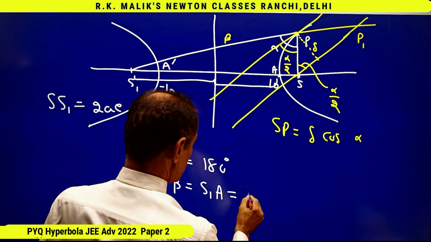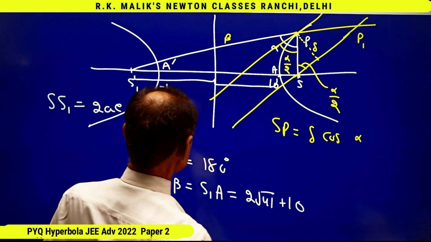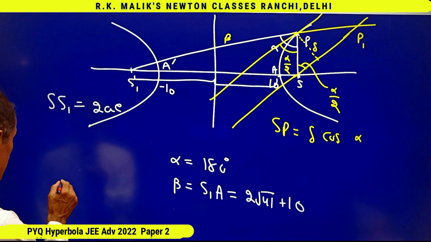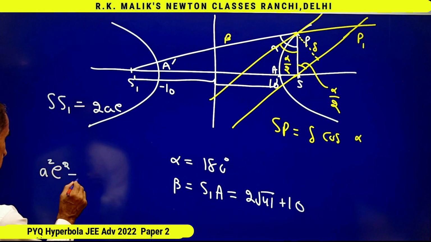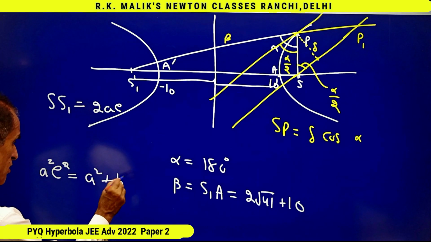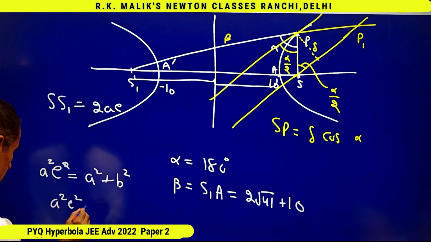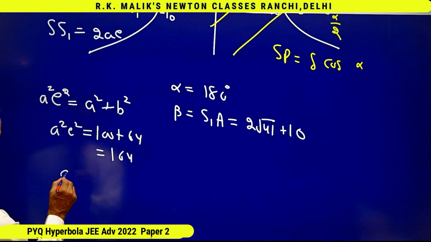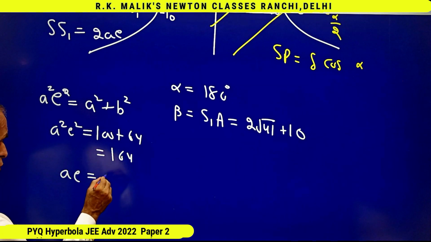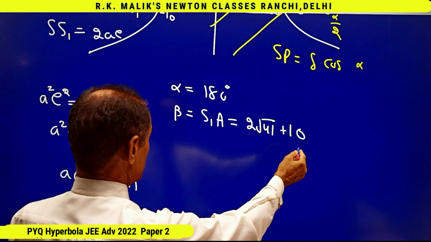This is equal to 2 under root 41 plus 10, and the value of AE can be found easily, because we know that A square E square is equal to A square plus B square. That is, A square E square is 100 plus 64, that is 164. Therefore AE will become 2 under root 41, that is, I have put the value of beta.